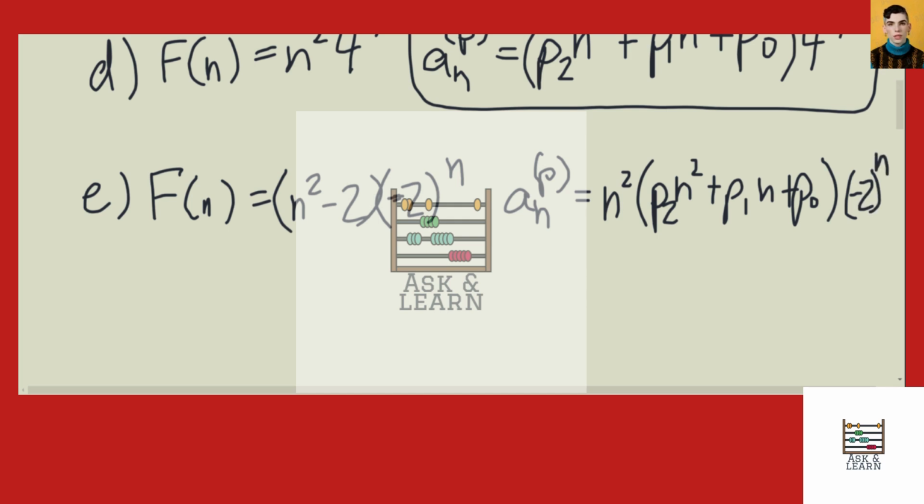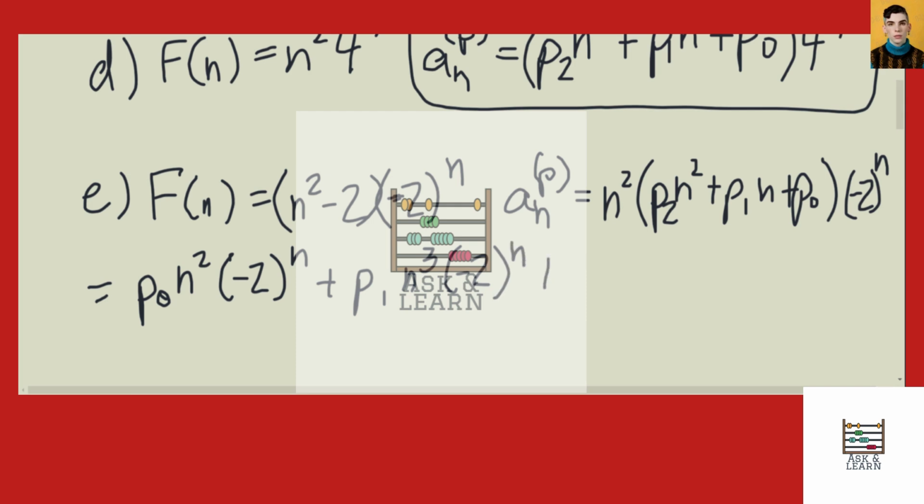And this can be expanded and written as p0 n^2 (-2)^n + p1 n^3 (-2)^n + p2 n^4 (-2)^n.